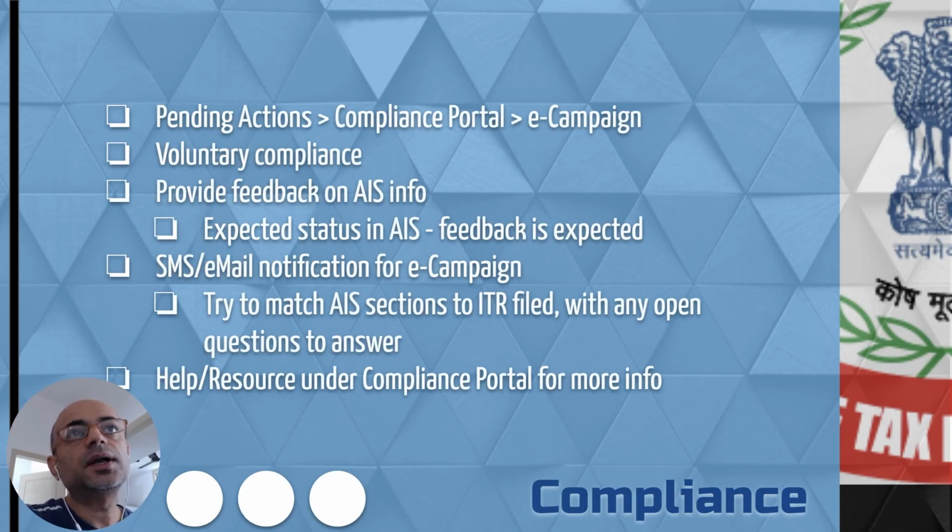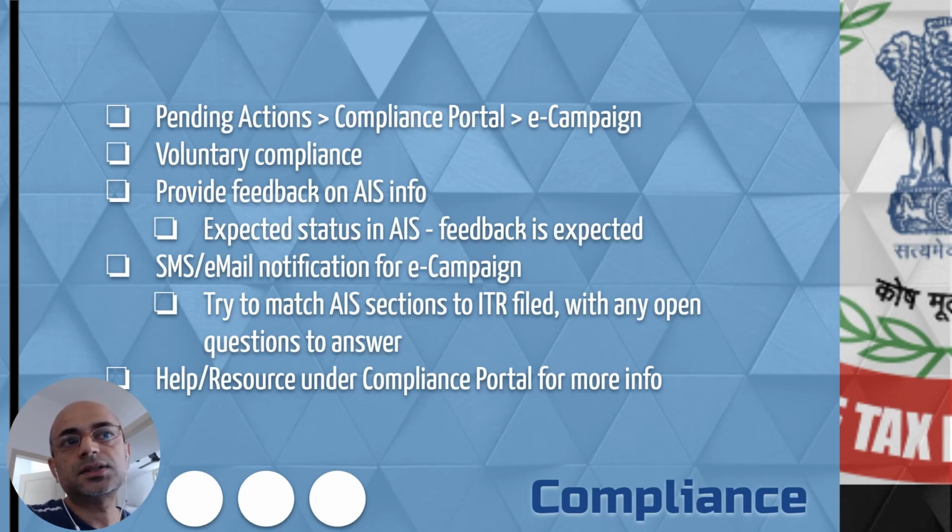AIS is also introduced for faceless compliance, where the income tax department can ask questions and the assessee can respond online. So if there are any open questions from the IT department for any assessee, then there will be e-campaigns for those things.